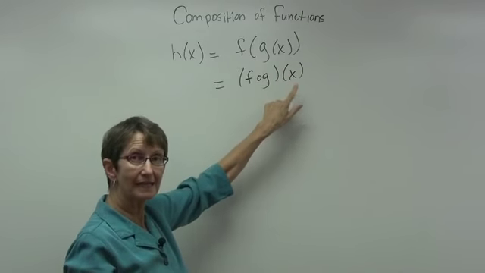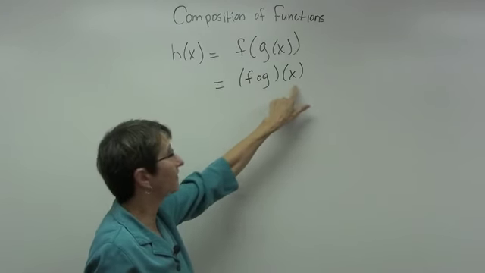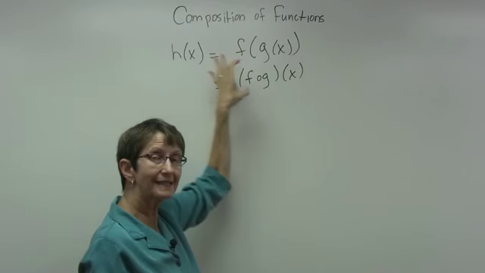Now, this does not mean that x is multiplied by f times g. This is function notation, just like g of x is function notation. But these two mean the same thing.